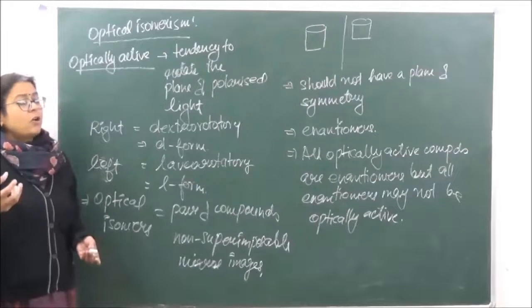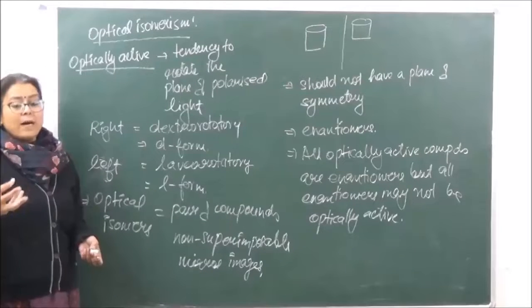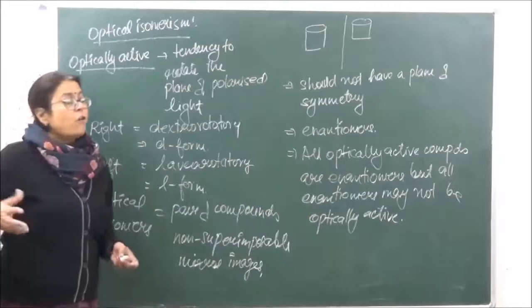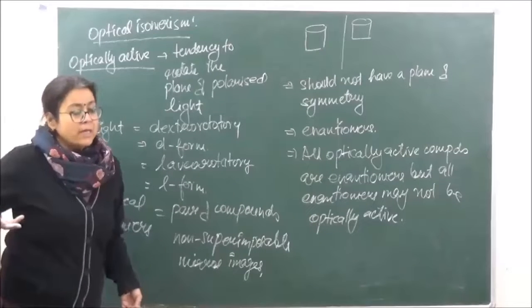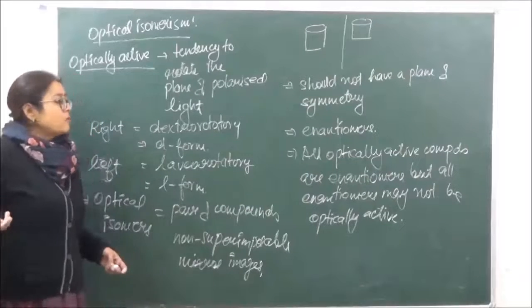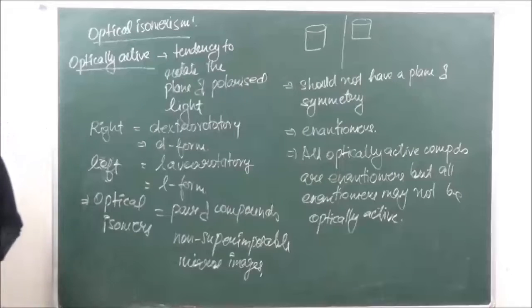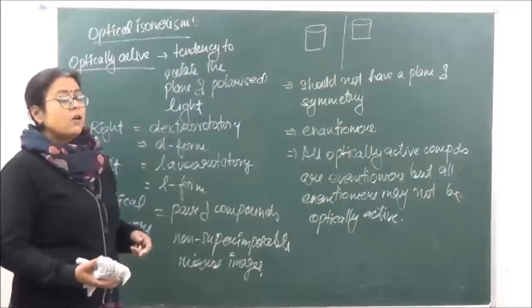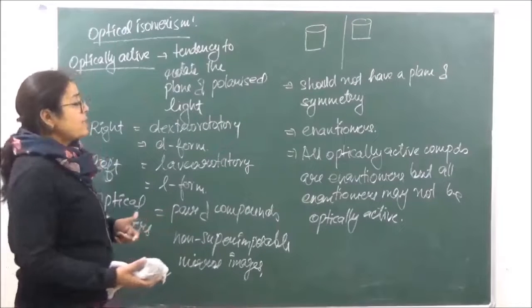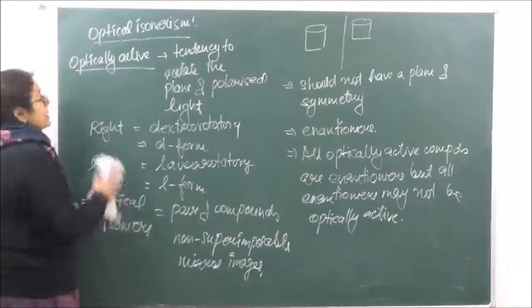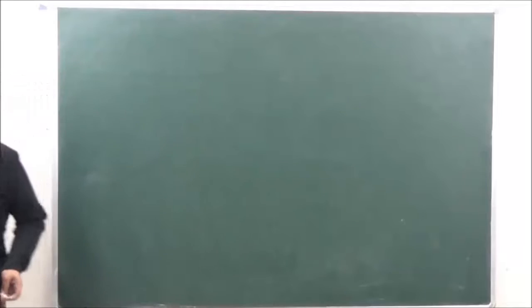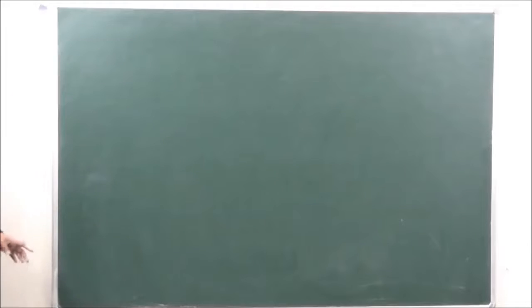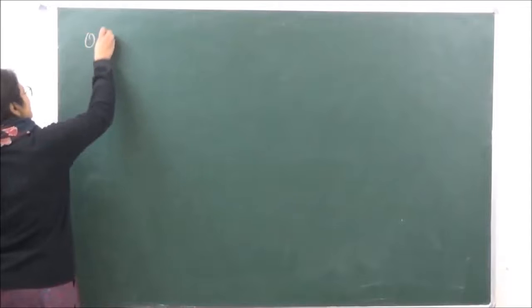Optical activity is one of the major characteristics of octahedral compounds. So we will study octahedral compounds here, because optical activity is very common in octahedral complexes. Alright, so let's go on to the octahedral complexes.